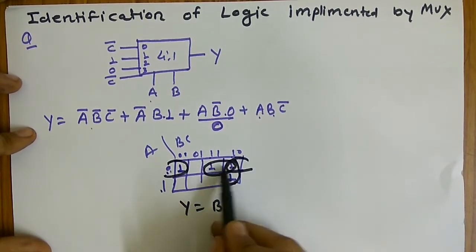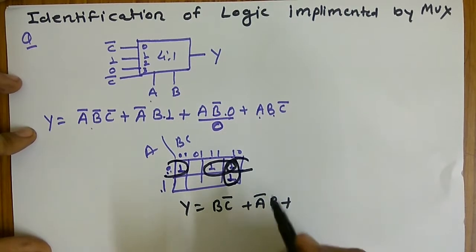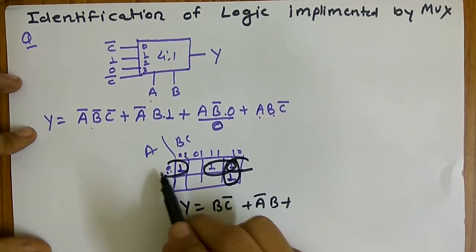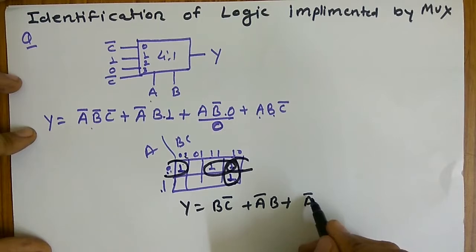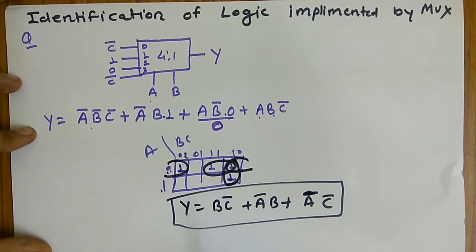For this one, a bar into b plus, for this one c bar is not changing, so c bar into a bar, a bar into c bar. So this is the final equation for this one.